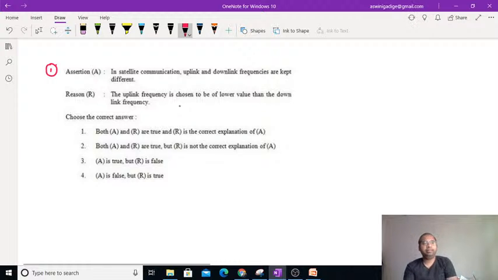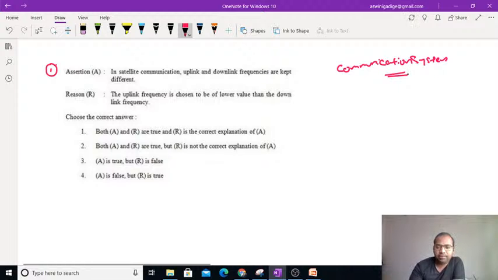So coming to the satellite communications, this question is from the communication systems. In the communication systems, we are having the satellite, optical, radar, mobile, all these communications. In satellite communication, we will be having one earth base station and the satellite also will be there.